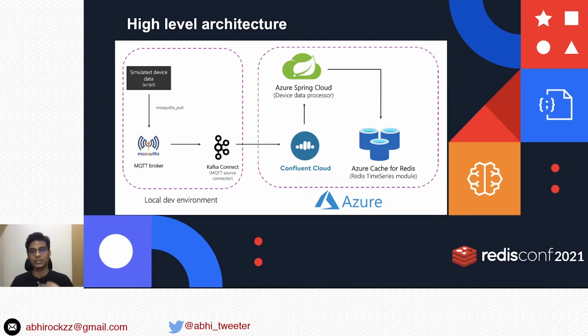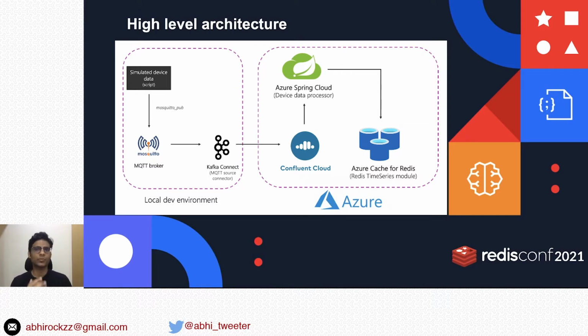This high-velocity simulated data is processed by a Java application, which is based on the Spring Kafka library. There are a couple of instances of this application running within Azure Spring Cloud Service.